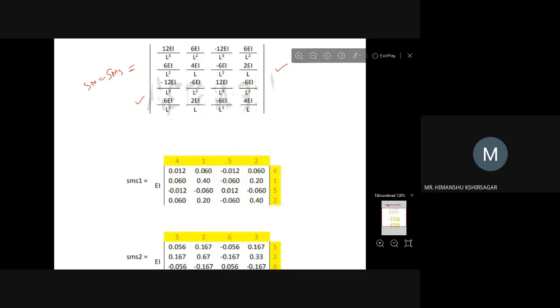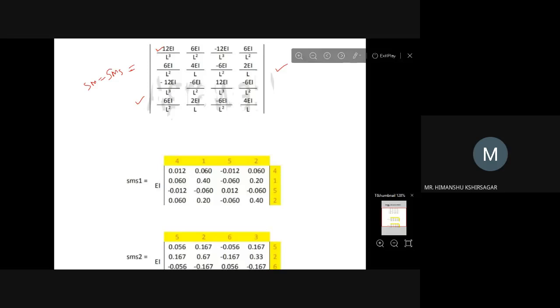The first value in the first row is 12EI by L cube. For member 1, its value is 0.012 EI, so only write down the coefficient, 0.012. Then the second value, 6EI by L square, is 0.060.